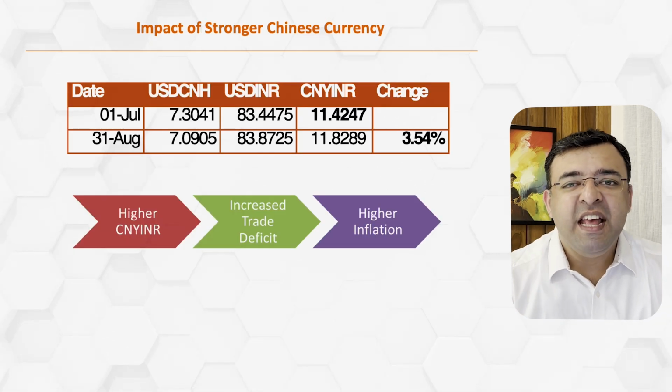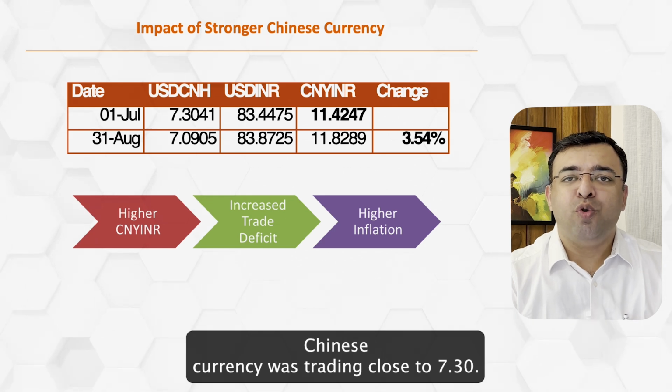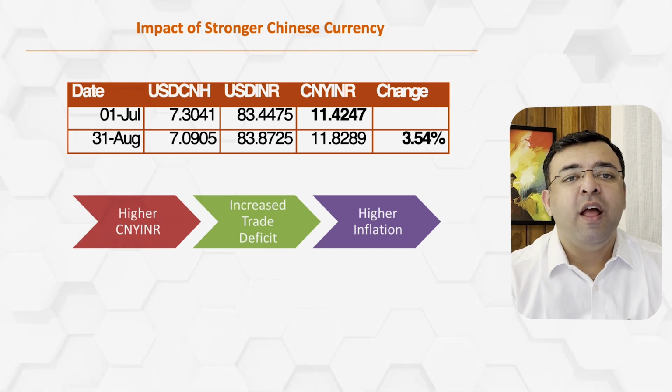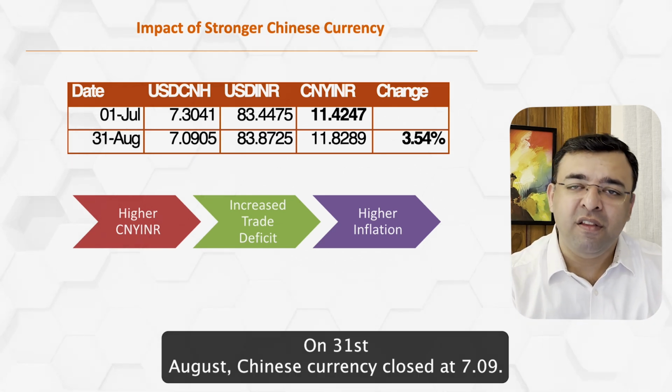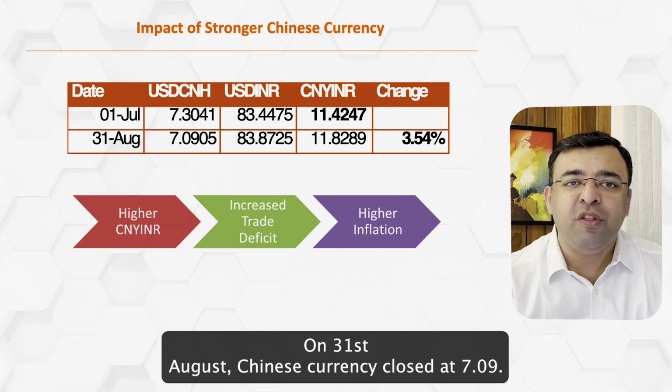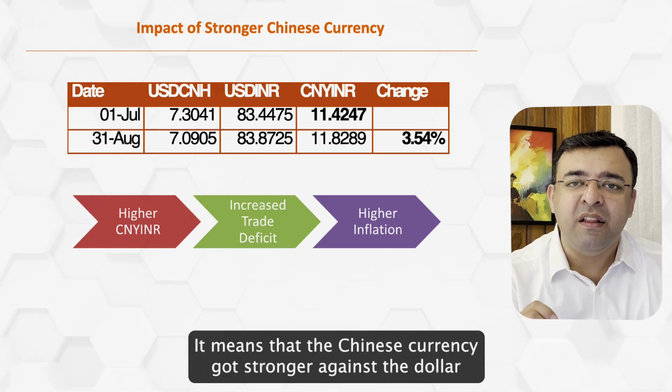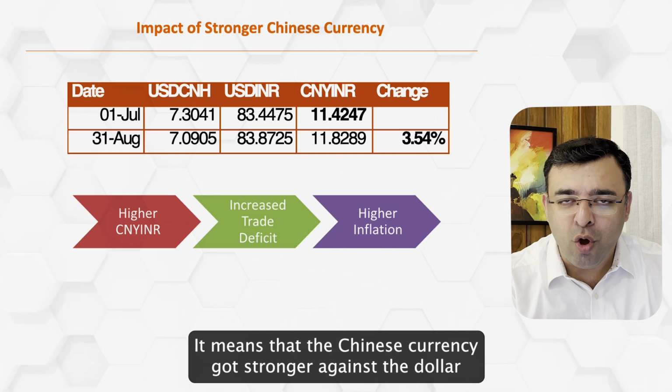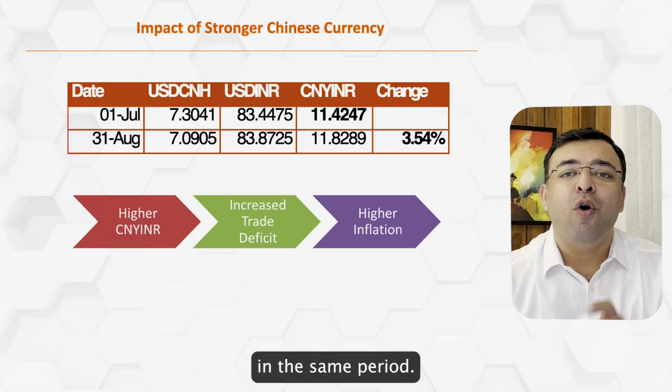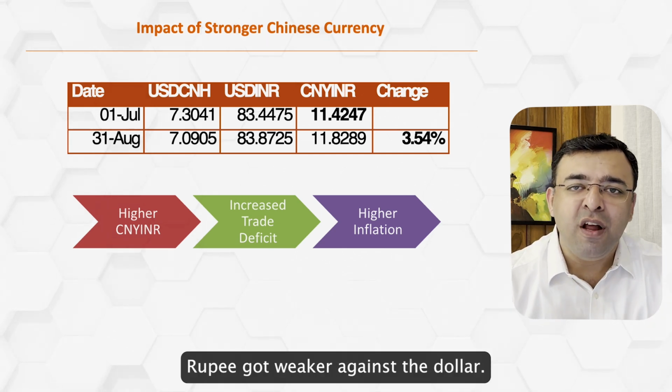On 1st July, Chinese currency was trading close to 7.30. On 31st August, Chinese currency closed near 7.09. It means that Chinese currency got stronger against dollar. In the same period, rupee got weaker against the dollar.